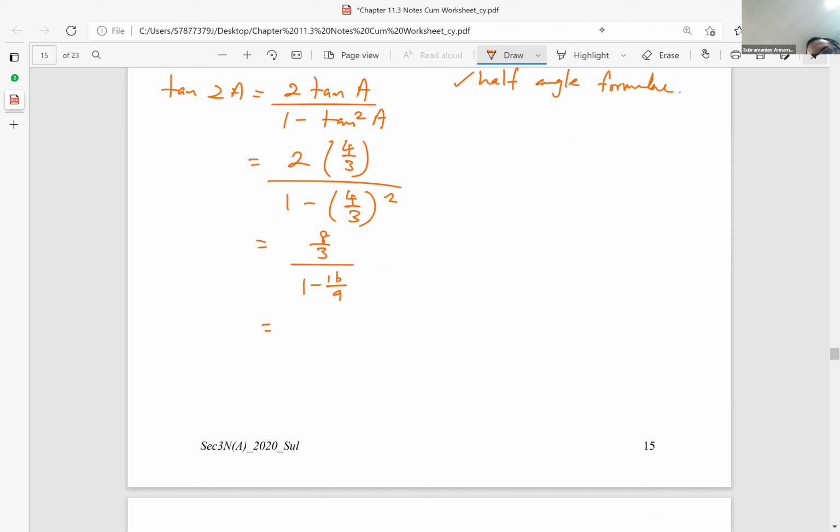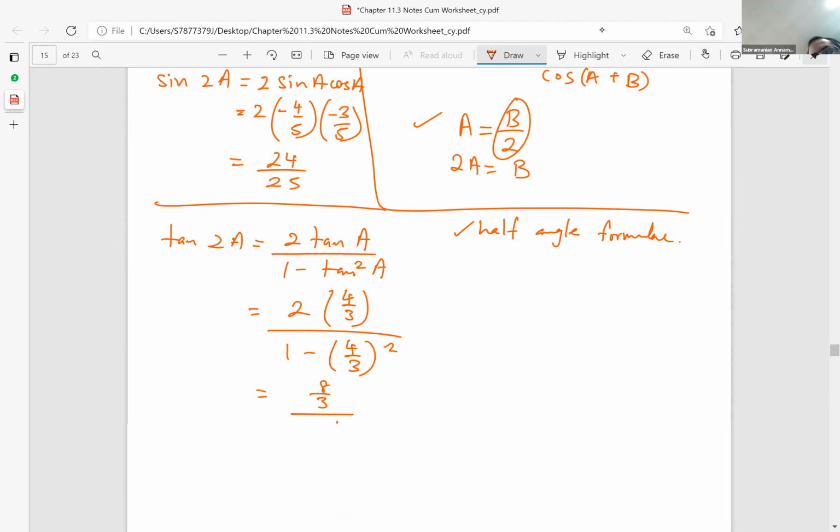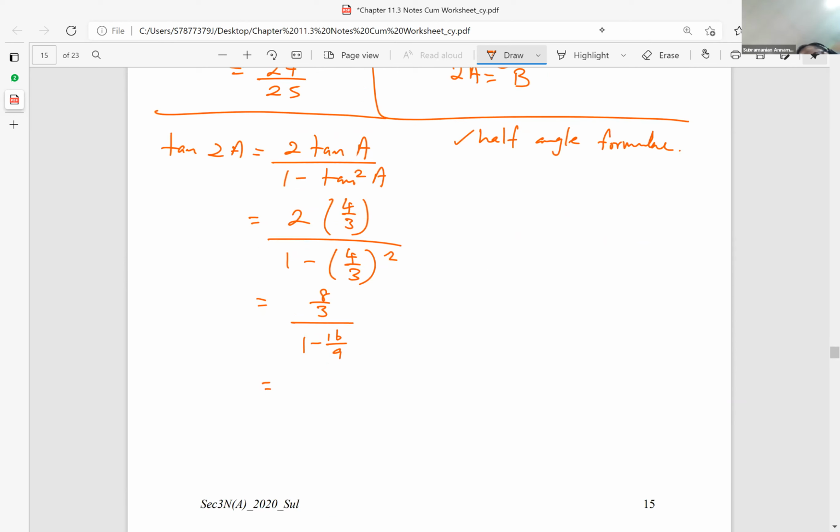I think we got the answer earlier, right? I forgot what's the answer. Can someone tell me what was the answer before that? I think it's minus 8 over 3 and this is 9 over 7, I guess. So it should be this one.